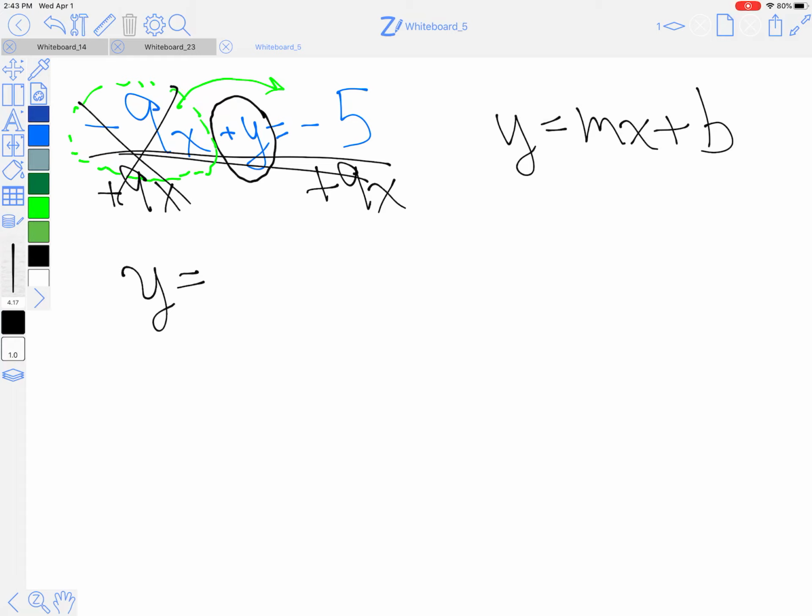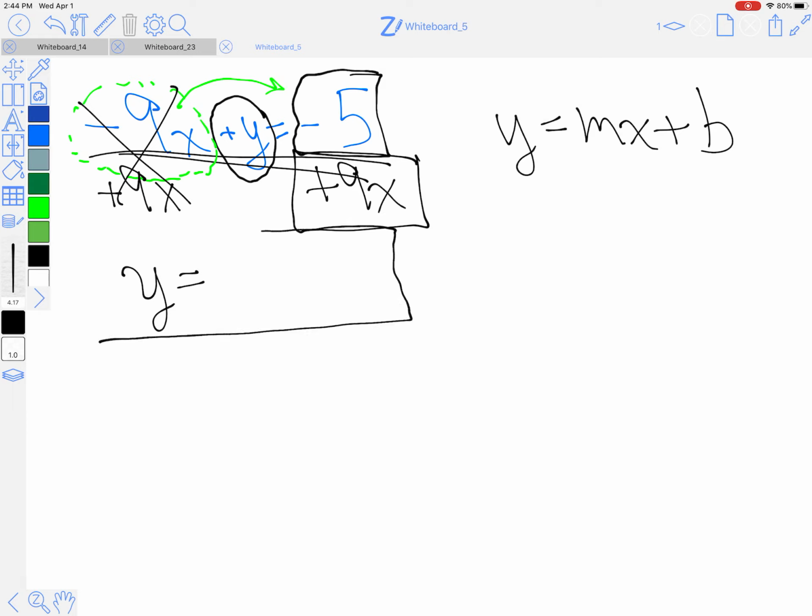Take a look at the right side. I cannot take this negative 5 and combine it with the 9x because they are not like terms. The 5 doesn't have an x with it. When I write this next step here, I want to try and have it in the same order that they tell me I should.